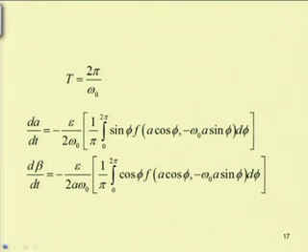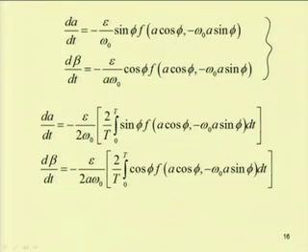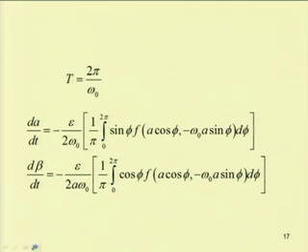Instead of writing in terms of the time period T, one can write the same equation in terms of the phase angle phi. So, dA by dt equal to minus epsilon by 2 omega 0, 1 by pi, integration 0 to 2 pi of sin phi f a cos phi minus omega 0 a sin phi d phi, and d beta by dt equal to minus epsilon by 2 a omega 0, 1 by pi, 0 to 2 pi of cos phi f a cos phi minus omega 0 a sin phi d phi.